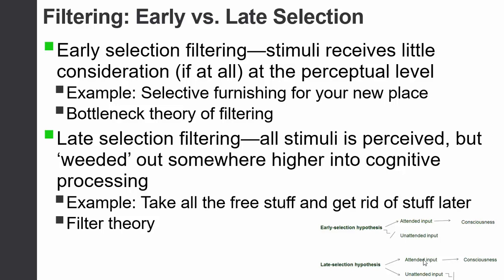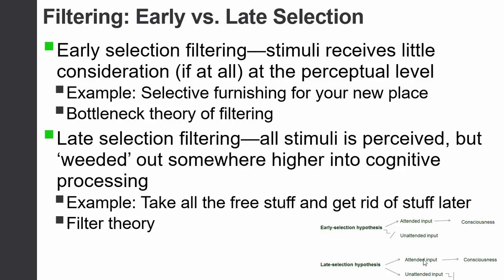Now, an alternative thing that people do is, when people find out that you're moving, they always want to give you their stuff so that they don't have to worry about it anymore. If you were to take an early selection viewpoint on that, you would be very selective before you even took things from people. You might look at the couch they're offering and say, I don't like this couch.